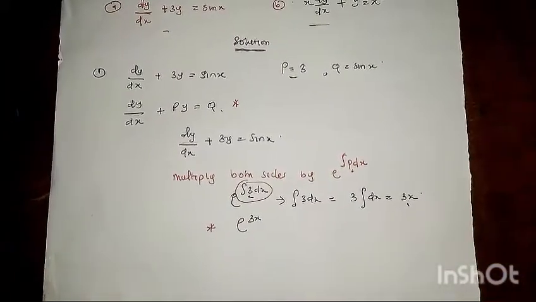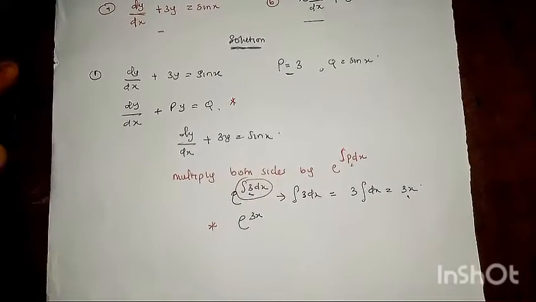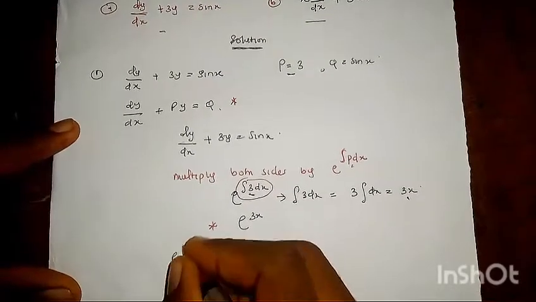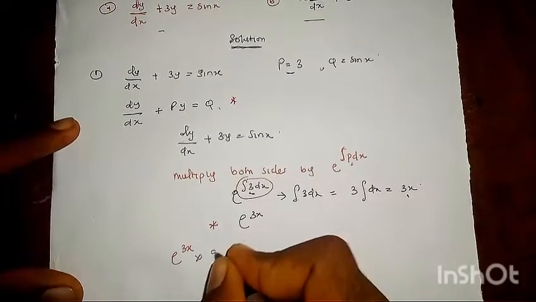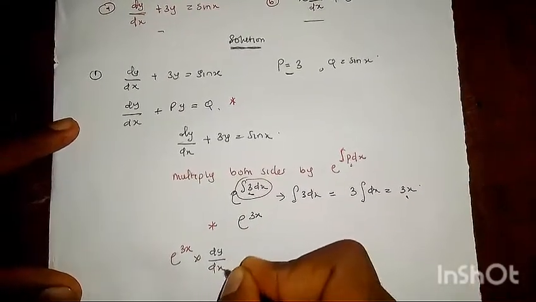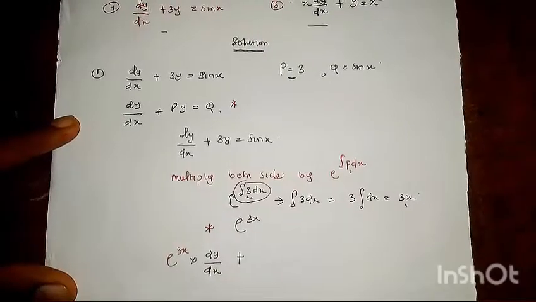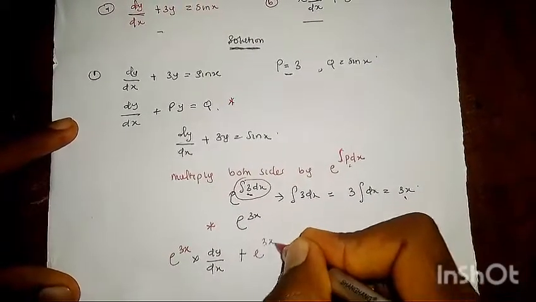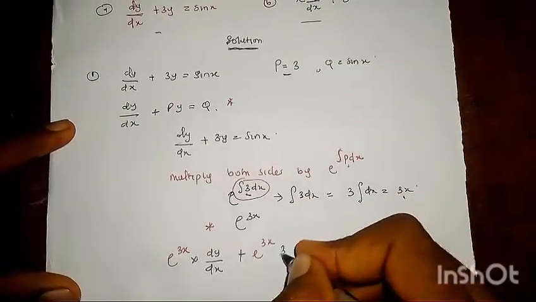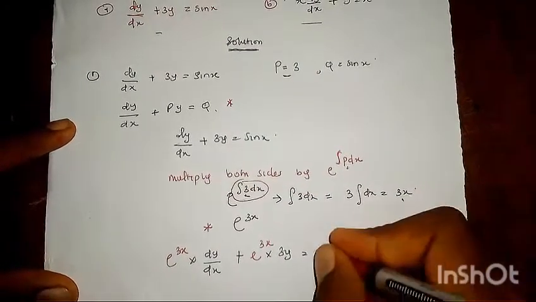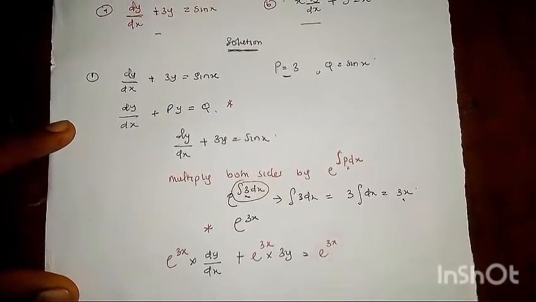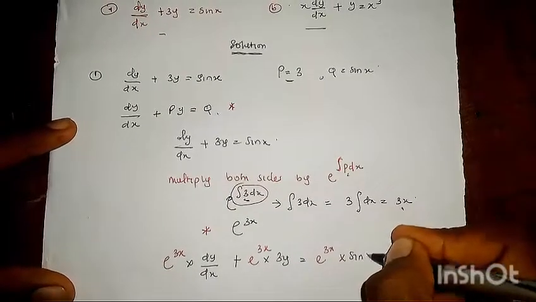So what do I do? I multiply both sides by exponential 3x. So this is exponential 3x times dy/dx plus exponential 3x times 3y equals exponential 3x times sine x.